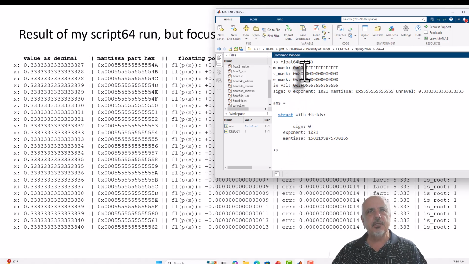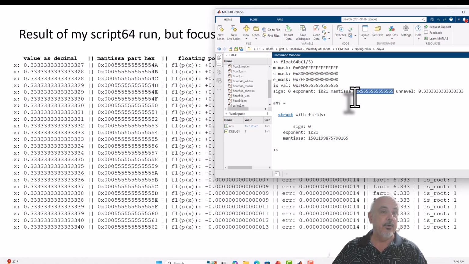So 1/3 looks like that. It's got a 1021 for the exponent, but the fine detail is that the hex is a continuation, just like the decimal representation of 1/3. You have a continuation of the various bits. Here the bits are 5 hex, so in the mantissa you see all 5s. That's looking like the 1/3 there.